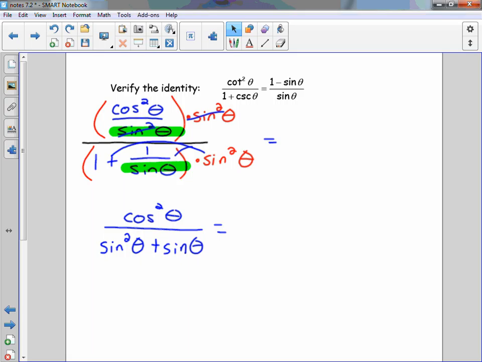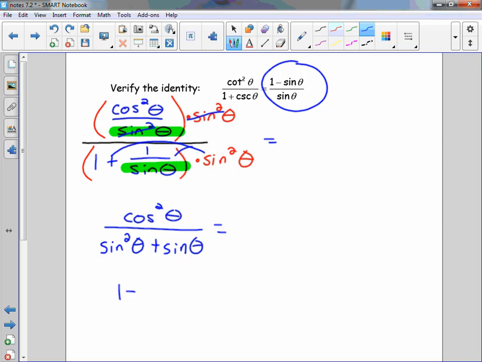Okay. So one thing that we always want to make sure that we do is keep an eye on what we want to get to. All right, we've got to get to this. Within that, we have everything in terms of sine, right? So a good idea would be to get this cosine squared rewritten as sine. So I'm going to go ahead and rewrite that as 1 minus sine squared theta.